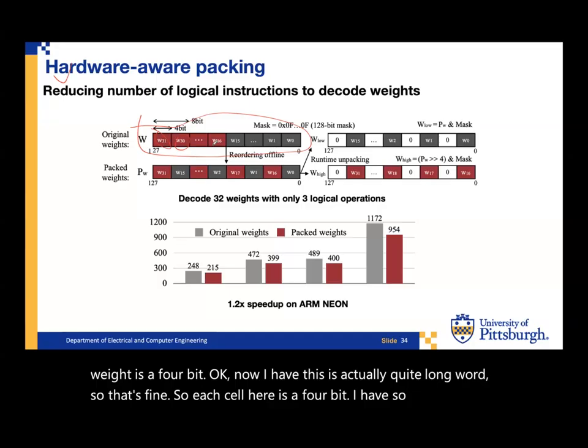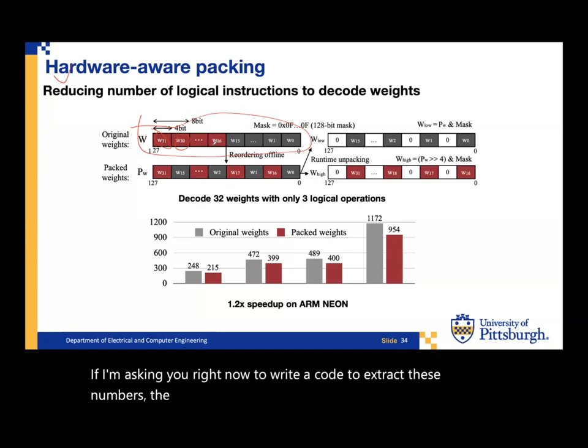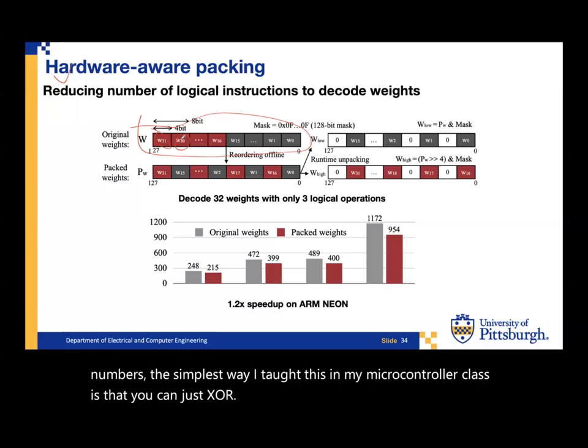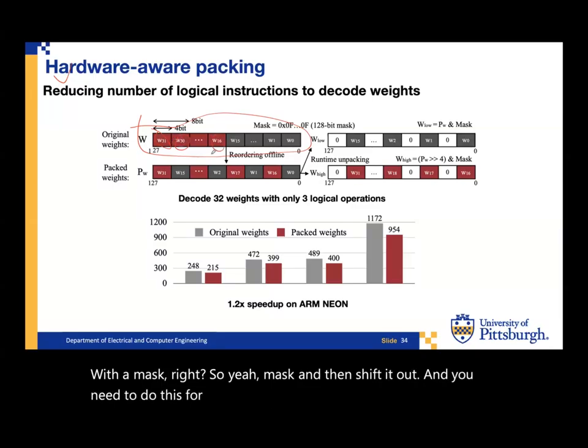If I'm asking you right now to write code to extract these numbers, the simplest way, I taught this in my microcontroller class, is that you can just AND with a mask, right? So you mask and then shift it out. And you need to do this for every weight packed in here.